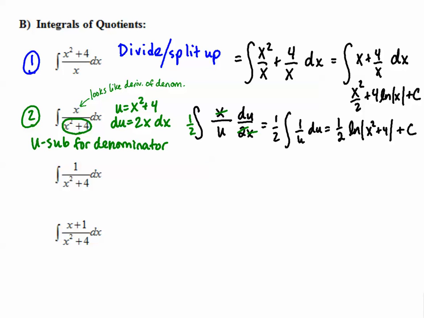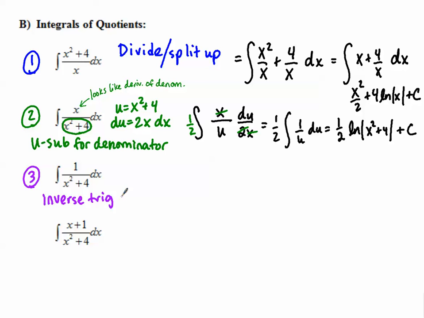Third scenario, I have x squared plus 4 again in the denominator, but this time x is not the numerator, so I know that I don't see my derivative up here. So this is a scenario where I think to myself, this looks like one of my inverse trig setups, meaning it will integrate to be one of the inverse trig functions.